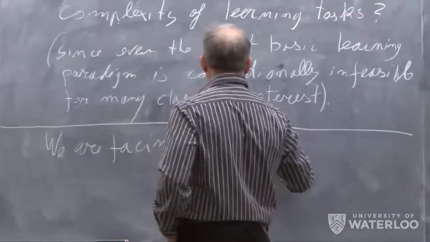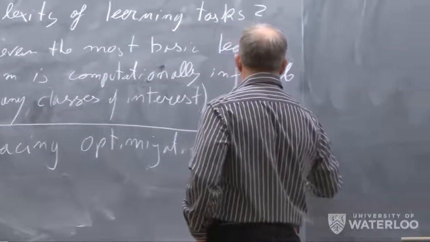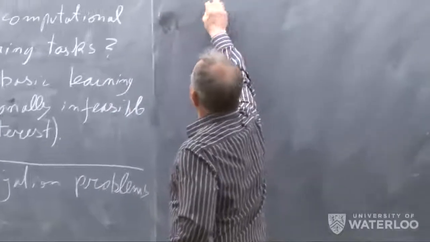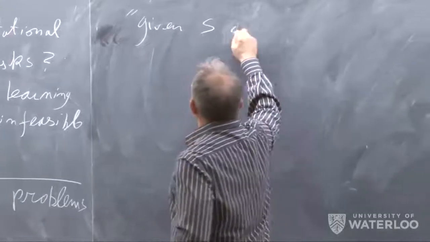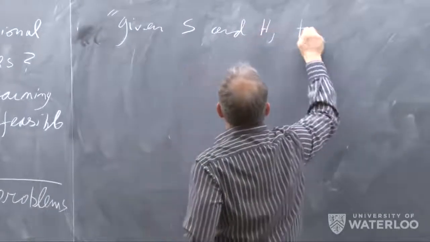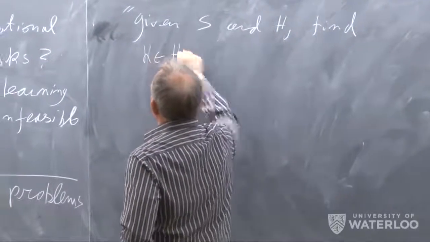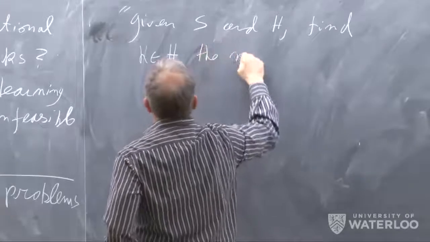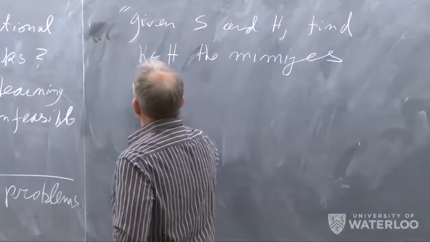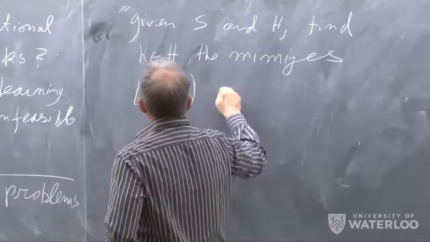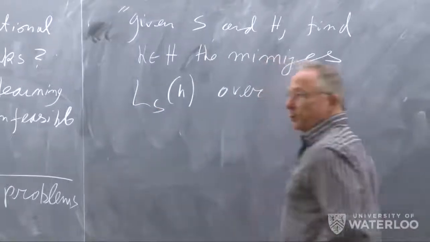Given a sample S and a class H, find the h in H that minimizes some loss, the empirical loss L_S(h).